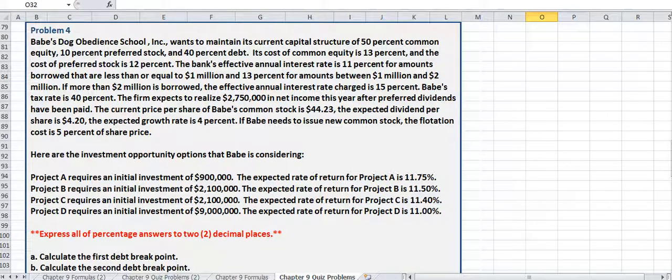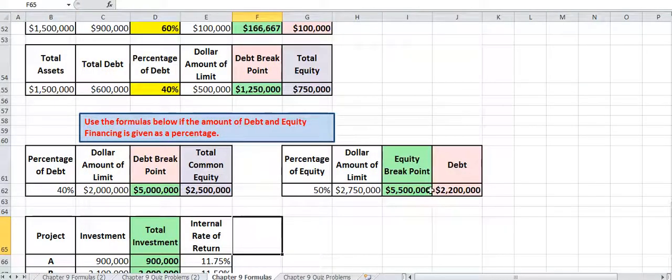So that's our limit for our equity breakpoint. We put that right there, and we get our equity breakpoint of 5,500,000. And these numbers are simply the percentage that would be debt here and here. So this is 50% of the total, and this is 40% here and here.